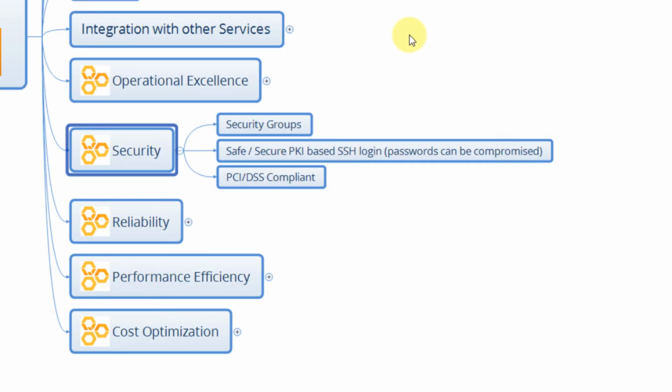In terms of security, you can set up software firewalls with security groups, and there are safe and secure PKI-based login mechanisms as opposed to password-based mechanisms, which can be compromised. And note that the EC2 service is PCI DSS compliant.